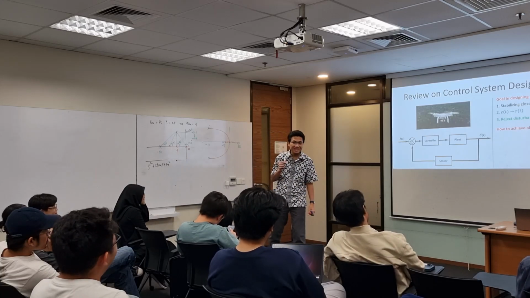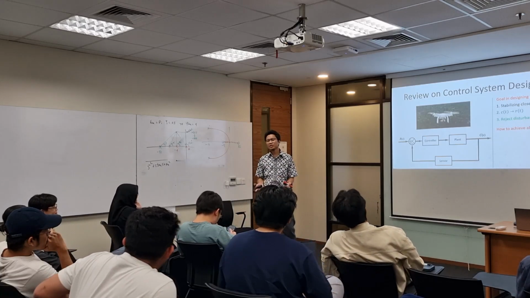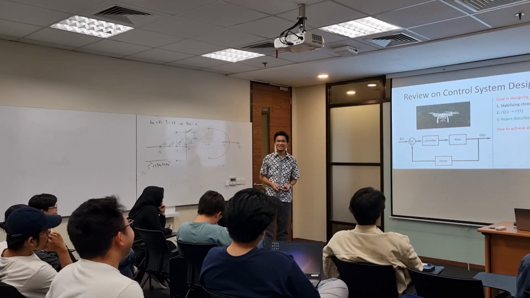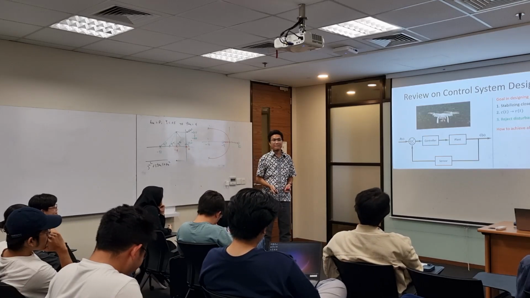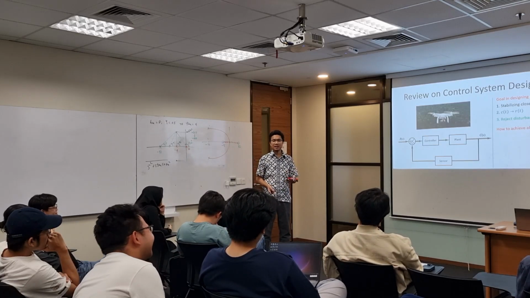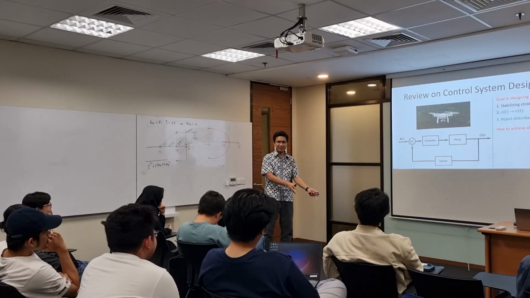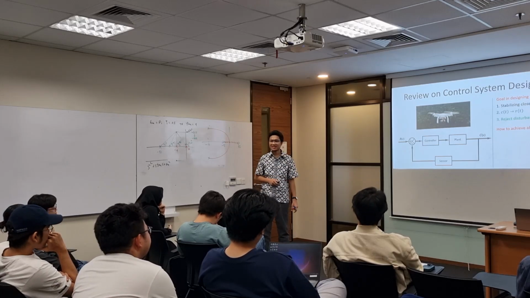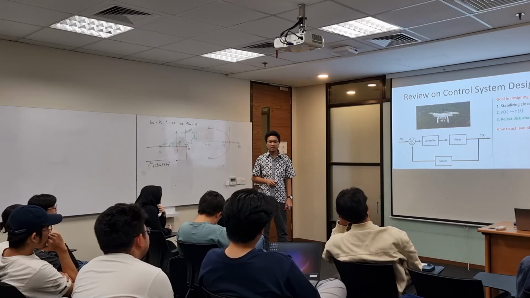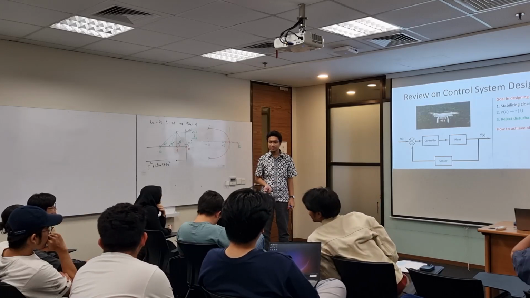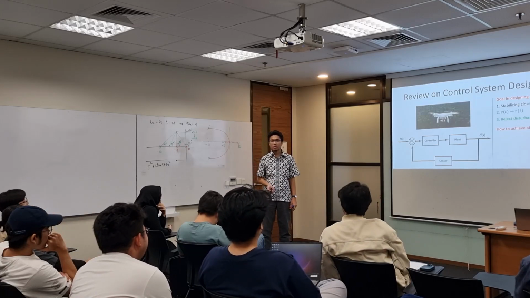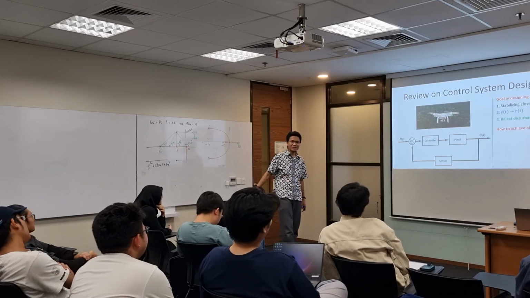Okay, and then we also have answered the question of this: how to achieve this? Design what? Yeah, how to design the good controller? Identify the plant. Okay, let's say we have identified the plant. Then how do we achieve this? Yeah, how to design the controller?